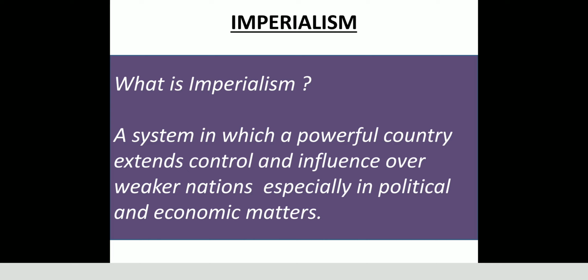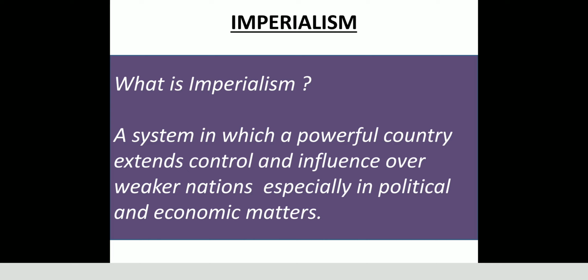The powerful nation which goes on to extend control is known as the imperialist nation, while the weaker nation is known as the colony. A very fine example of imperialism is our very own country, India, which was colonized by the Britishers for their own vested interests to make profits.